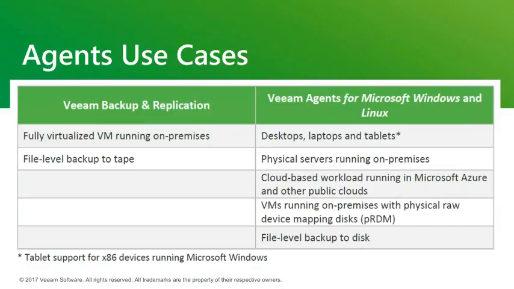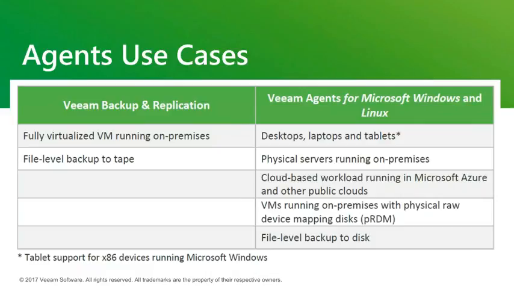The scope of application of agents is to cover everything that cannot be covered with Veeam Backup and Replication by itself. Fully virtualized VMs running on premises and file-level backup to tapes are still covered by Veeam Backup and Replication. But in case you have any desktops, laptops, or tablets, these can be backed up and protected by agents.